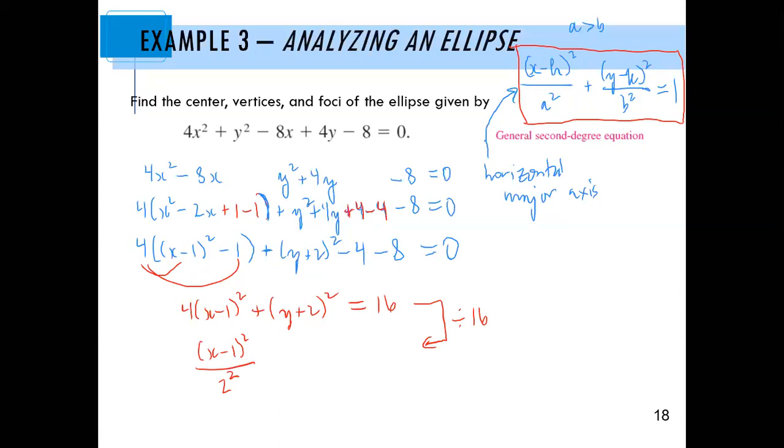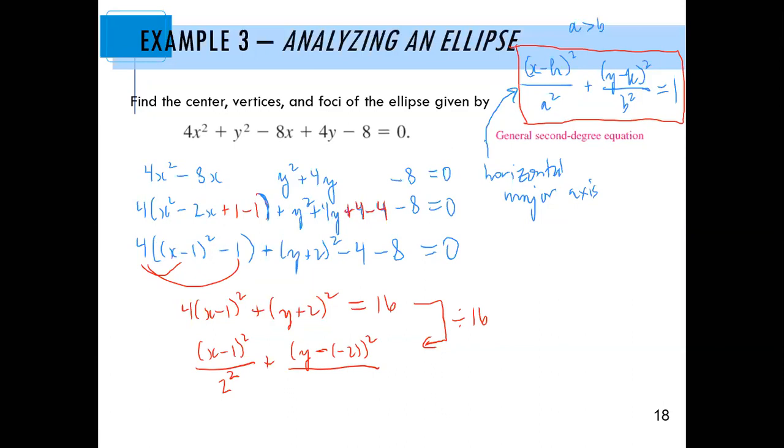And if I divide the second thing by 16, let me write this as y minus, why would I write it as y minus negative 2 again? Because the form of the thing is x minus the center and y minus the center, yes?